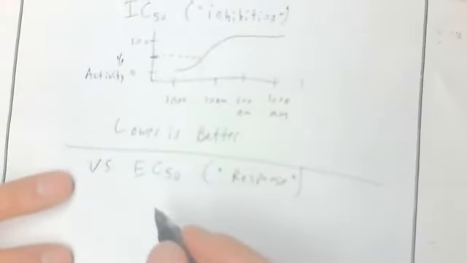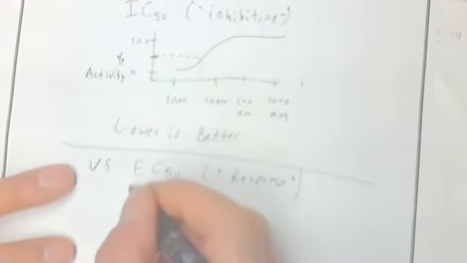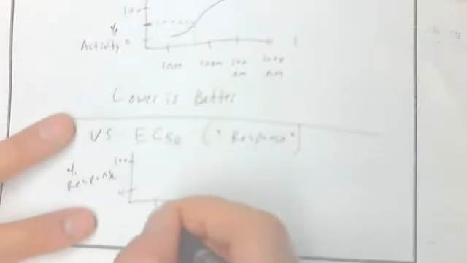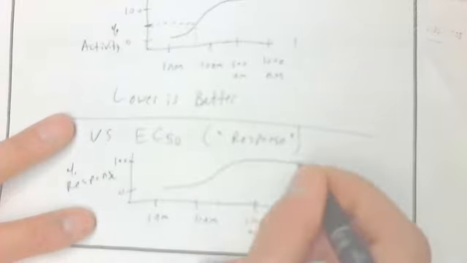And so if we measure percent response, we have 0% response, 100% response, 1 nanomolar, 10 nanomolar, 100 nanomolar, 1000 nanomolar, and we get a response.